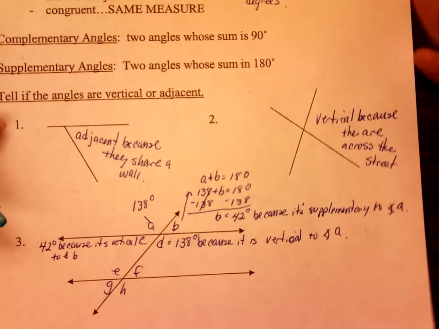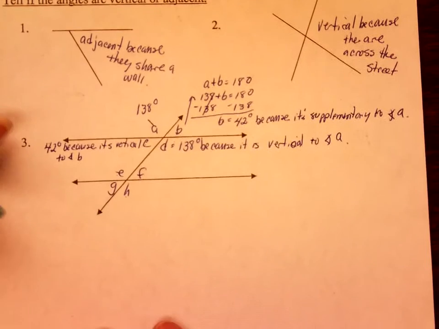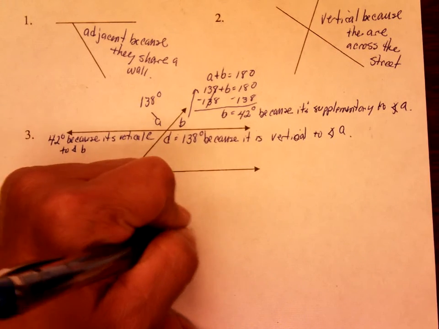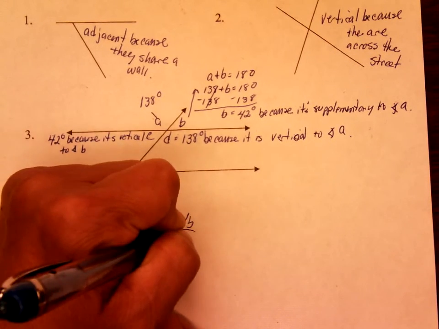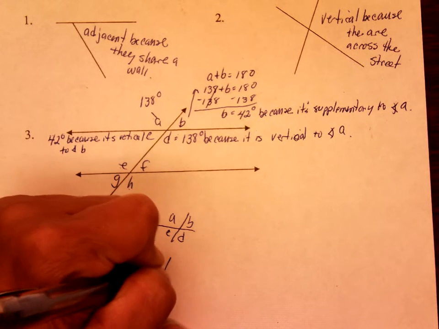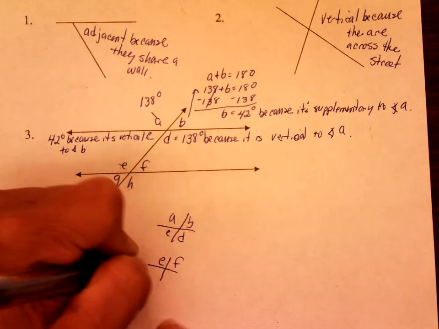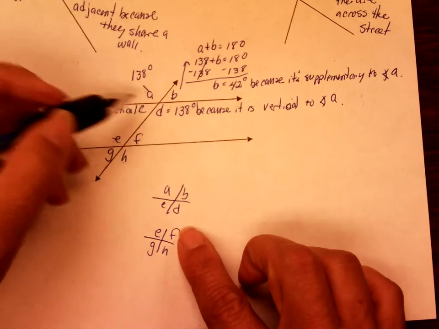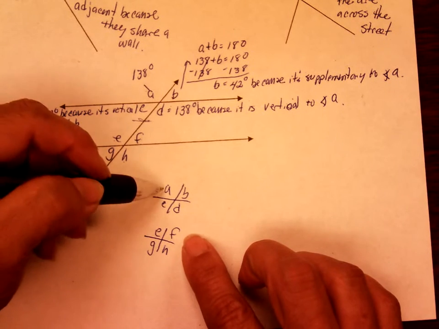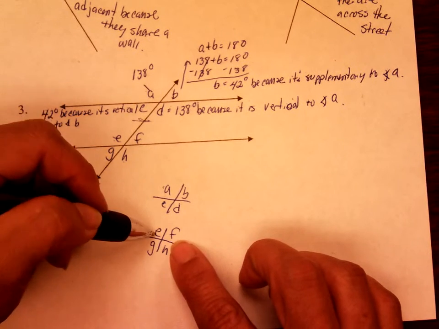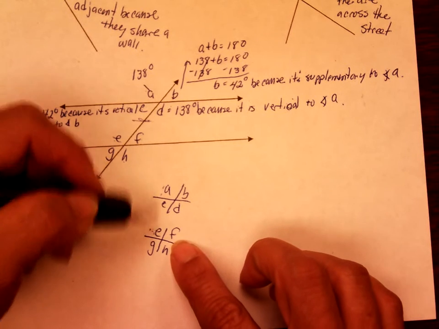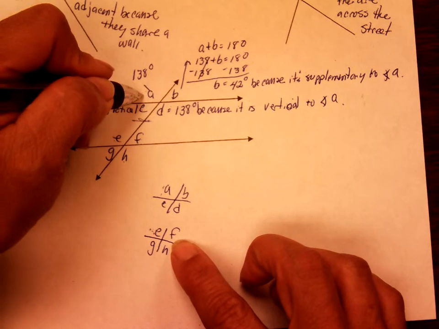Now let's look at E, F, G, and H. If I have A, B, C, and D here, and I have E, F, G, and H here, if I split this in half, what do you notice about A and E? They're in the same position. So if they're in the same position, whatever A is, E has to be.